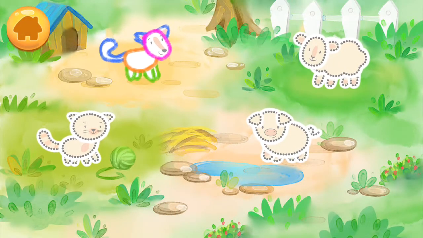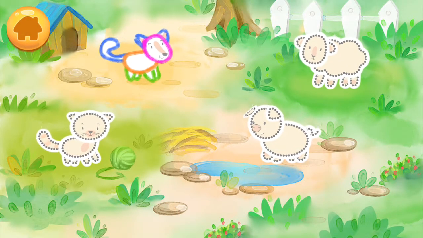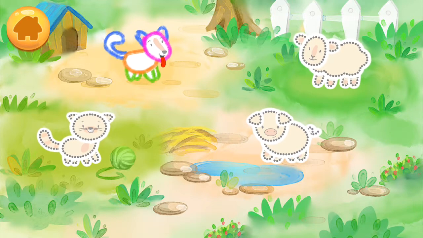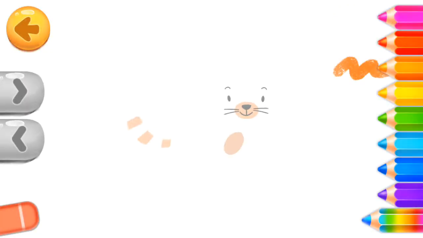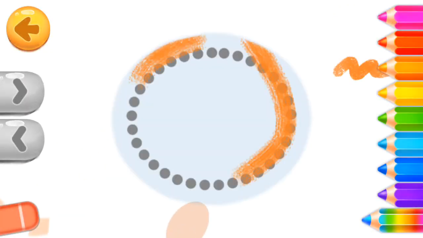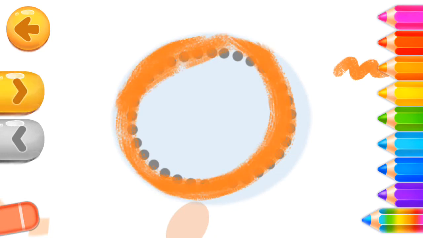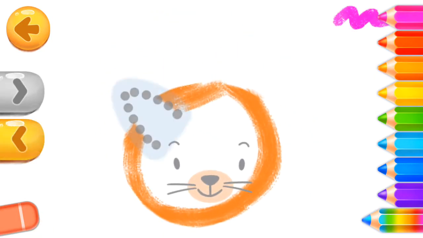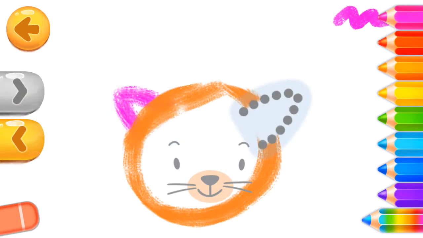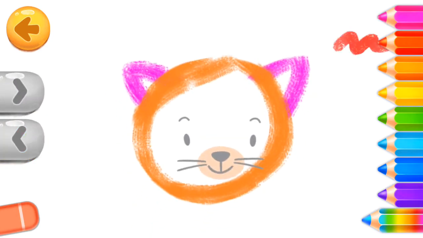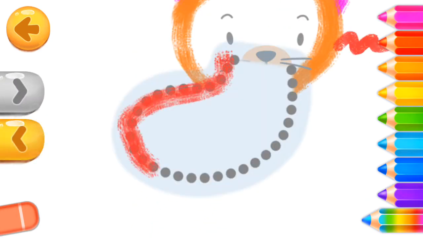Can you draw the inhabitants of the farm? Try it. Meow. Everyone loves cats, and cats have a round head. Now draw sharp ears. Draw a cat torso.